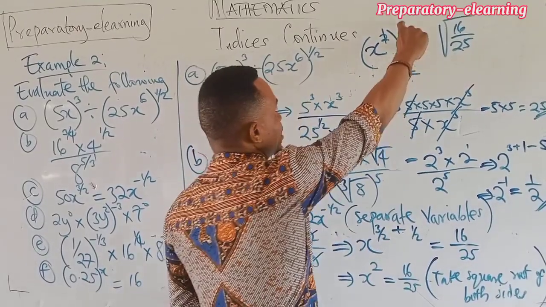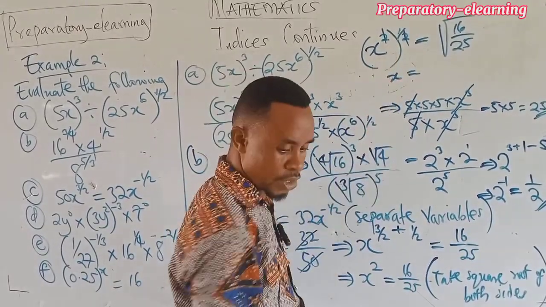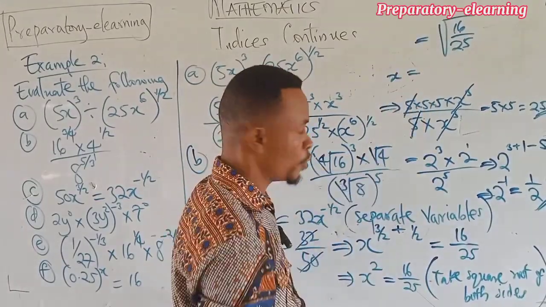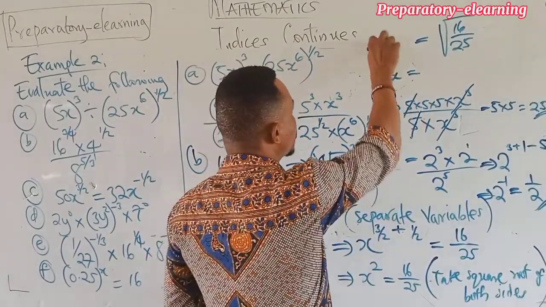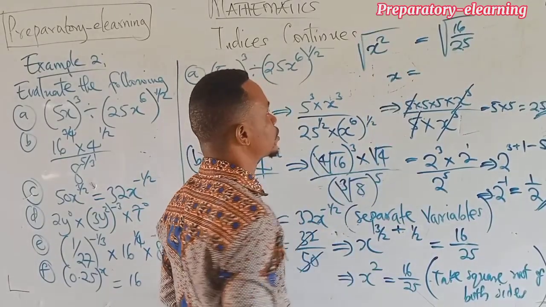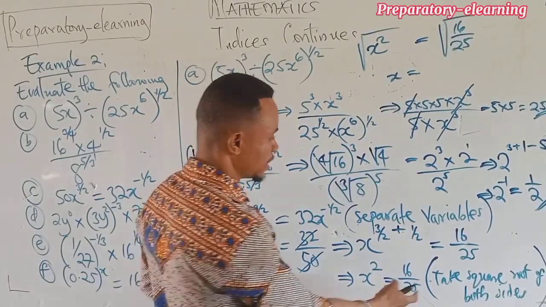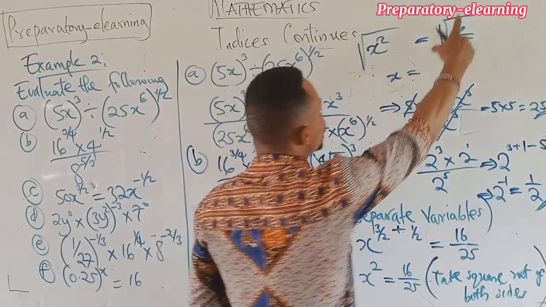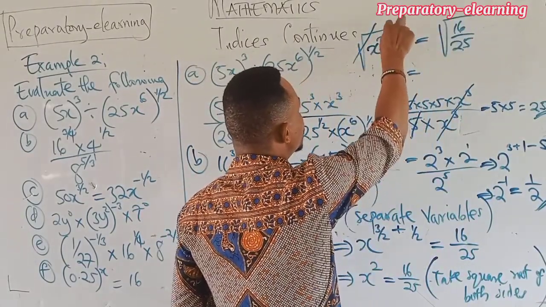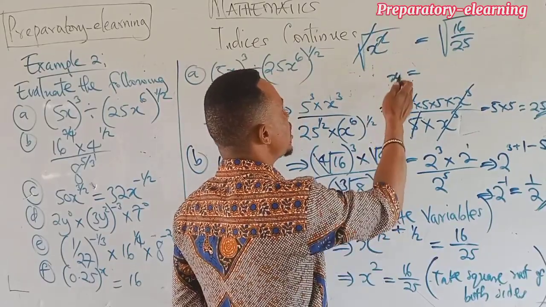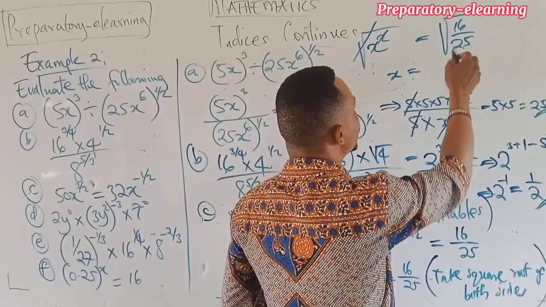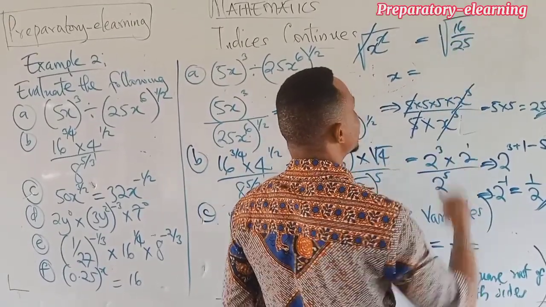You can put it like this, or you can still do it like this. You take normal square root of x power 2. Take square root of both sides. So we put square root here, we put square root here. Now this square root cancels this square. What is left is just x equals to what? Square root of 16 is what?